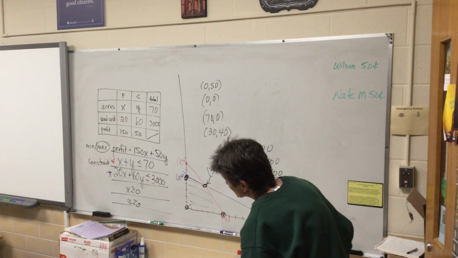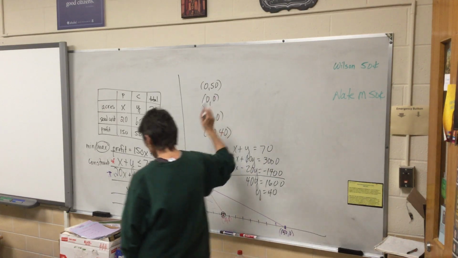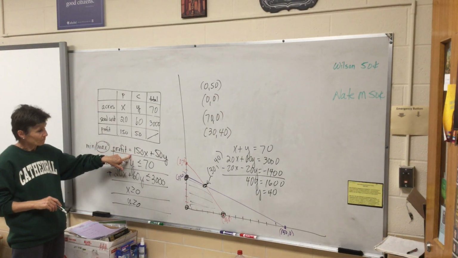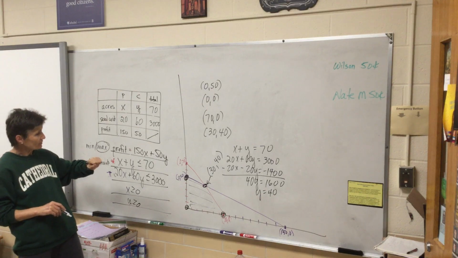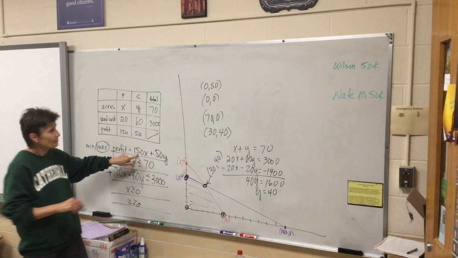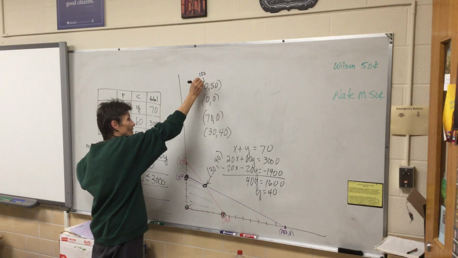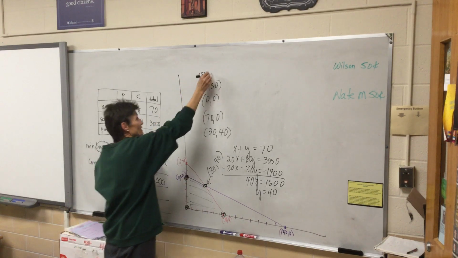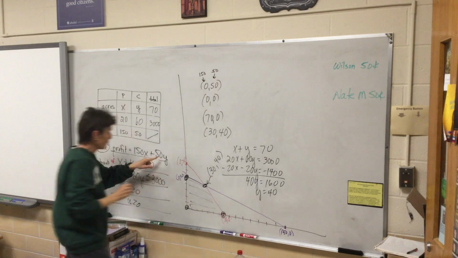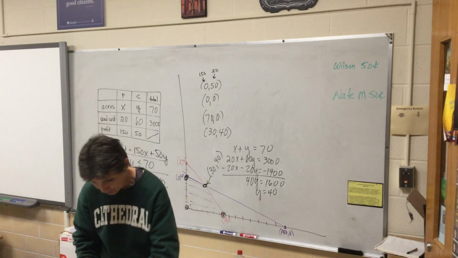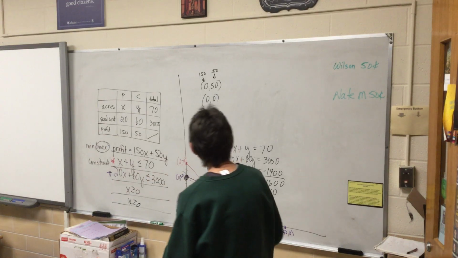Now, remember that one of those represents the maximum profit. And profit is calculated by taking 150 times your x and 50 times your y, right? That's what your chart told you. So we're just going to take out our trusty calculator and start doing some arithmetic.